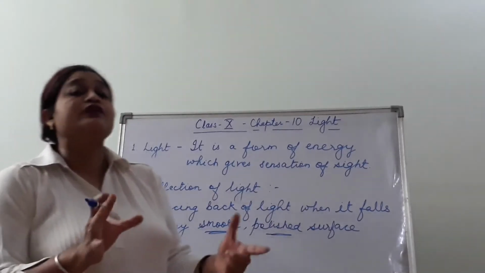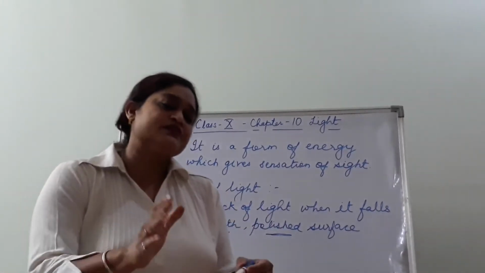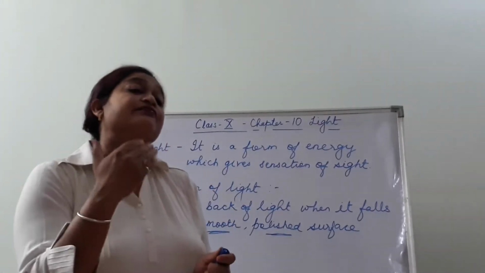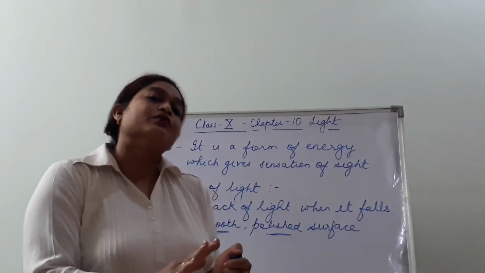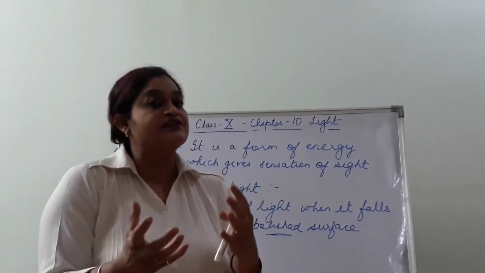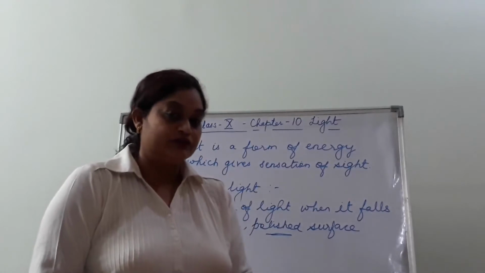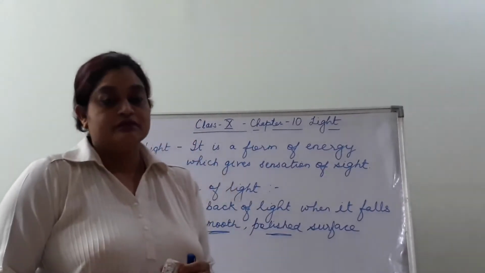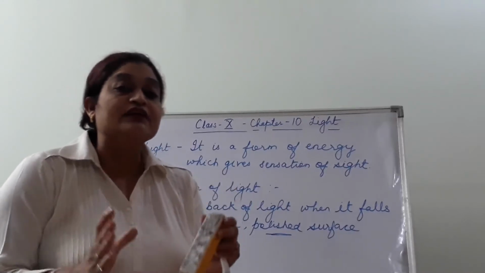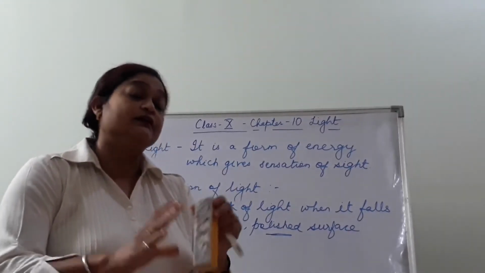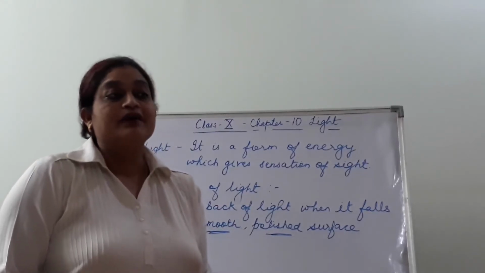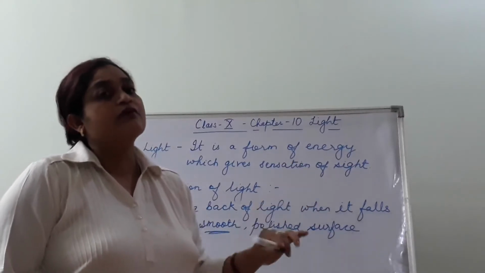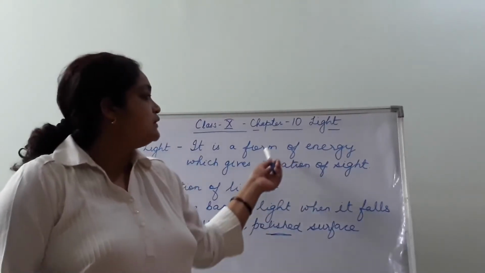Now what is a smooth and polished surface? All objects reflect light, but the intensity of the light ray reflected by an object depends upon the texture that object is made up of. When light falls on a mirror, we are able to see a clear image of that object. But when light falls on an opaque object, just like this board, we are only able to see white color or the color of the ink.